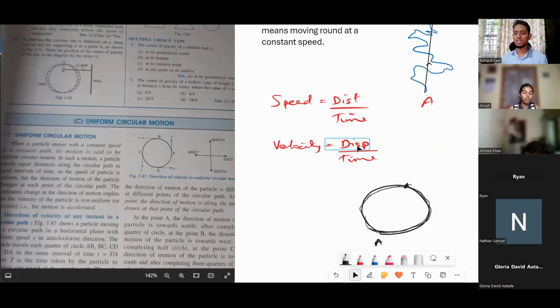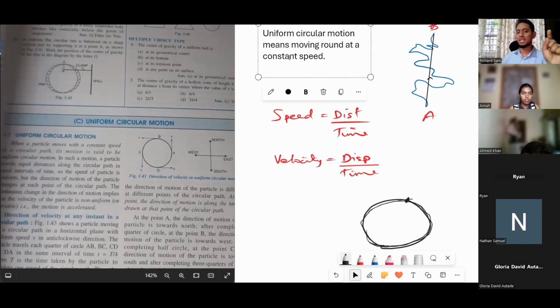You understand? So uniform circular motion means constant speed, not constant velocity. They can ask you a question: why is uniform circular motion constant speed but not constant velocity? So you have to mention velocity is not constant because displacement is not constant. There is an increase and a decrease in displacement. Therefore, velocity also will increase and then decrease.